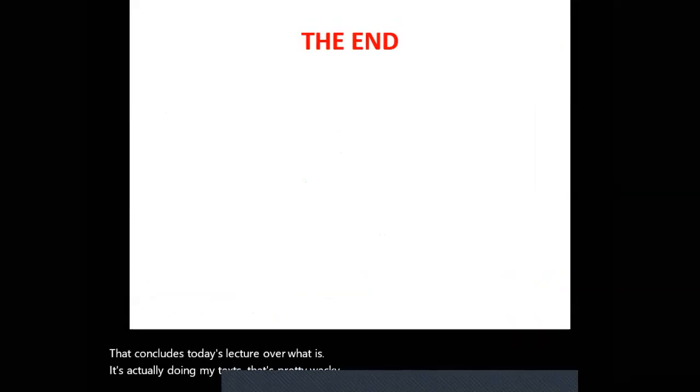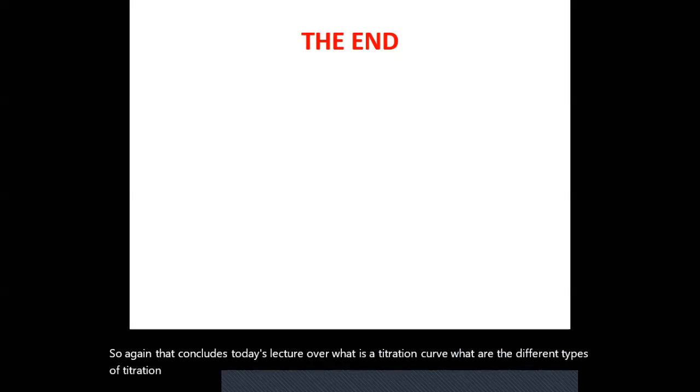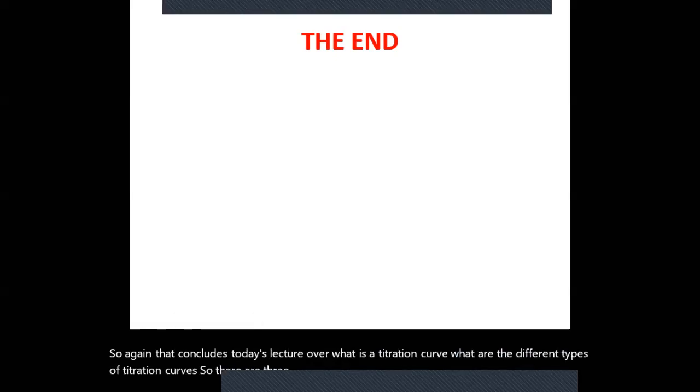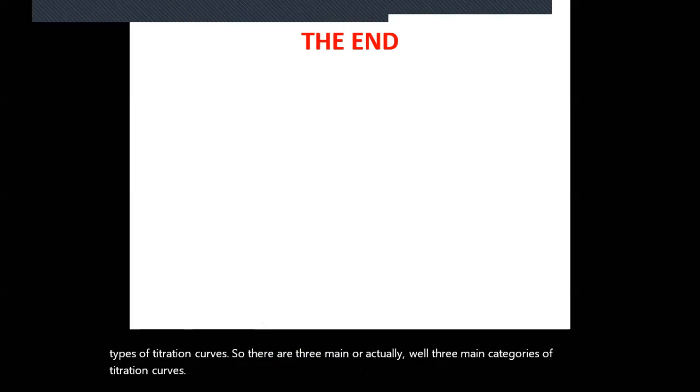So again, that concludes today's lecture over what a titration curve is and the different types of titration curves. There are three main categories. These include strong acid, strong base, where the equivalence point is pH 7.